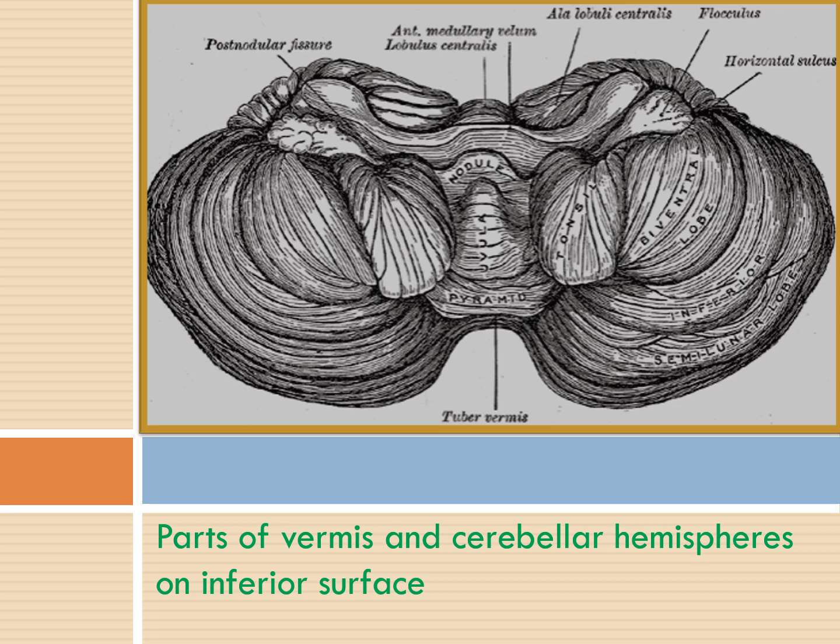These are the parts of the vermis and cerebellar hemispheres on the inferior surface, labeled like this. You should be able to draw a neat labeled diagram of both surfaces, including the fissures and the corresponding parts of the vermis and cerebellar hemispheres, with clear indication of the anterior lobe, posterior lobe and flocculonodular lobe on both surfaces.